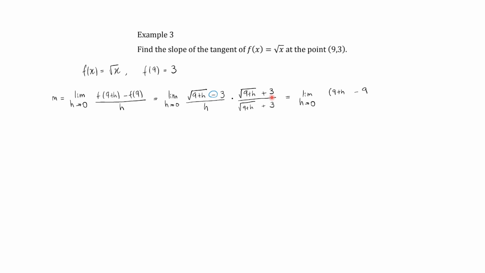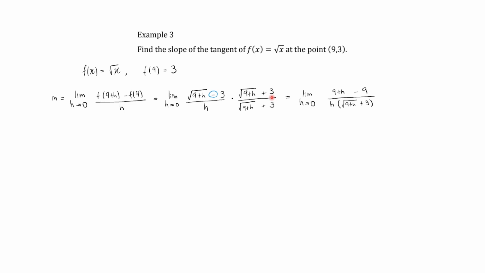Of course, if you want to, you could also use a distributive property in this case, whatever you are most comfortable with. And then you can just simply cancel out the middle terms. Okay, and over here we would have h times the square root of 9 plus h, plus 3.